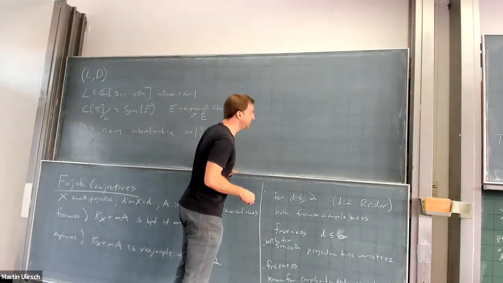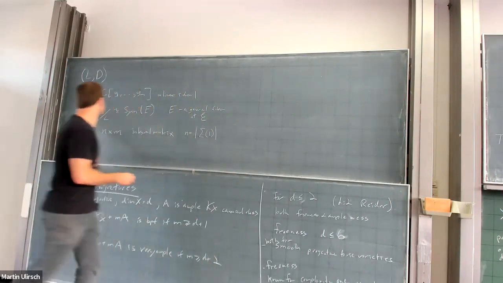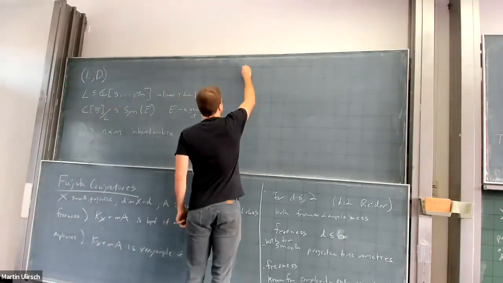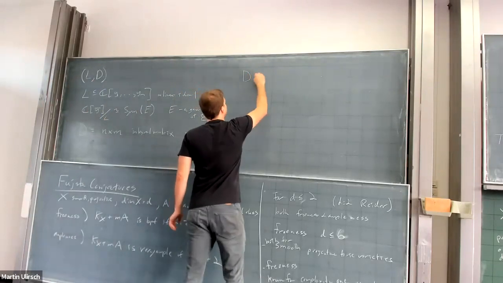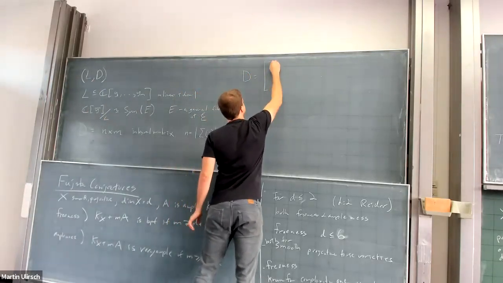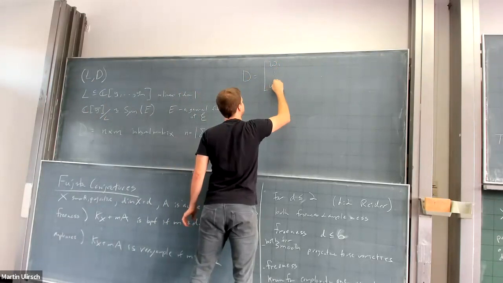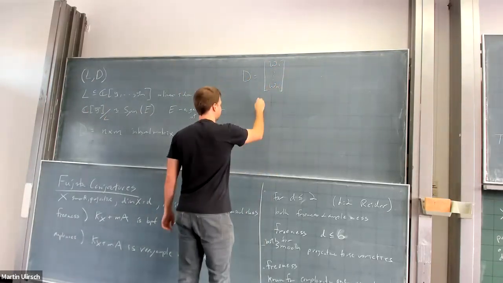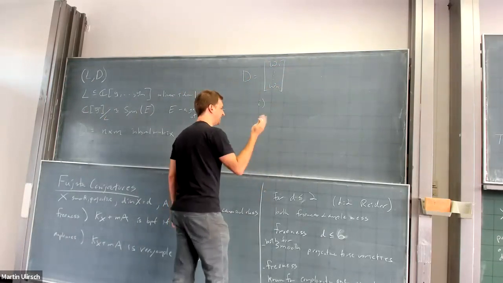And now we have to assume two additional properties about this pair in order to introduce it. So if I write D as a collection of rows, I'll write it like this: W1 through Wn. And we need the following properties.